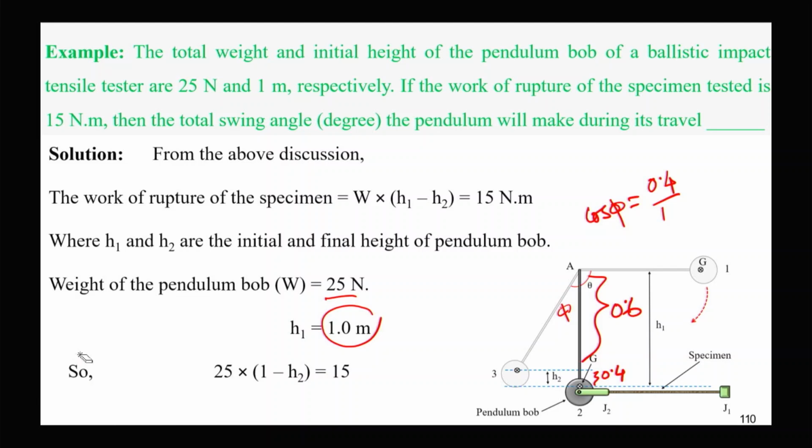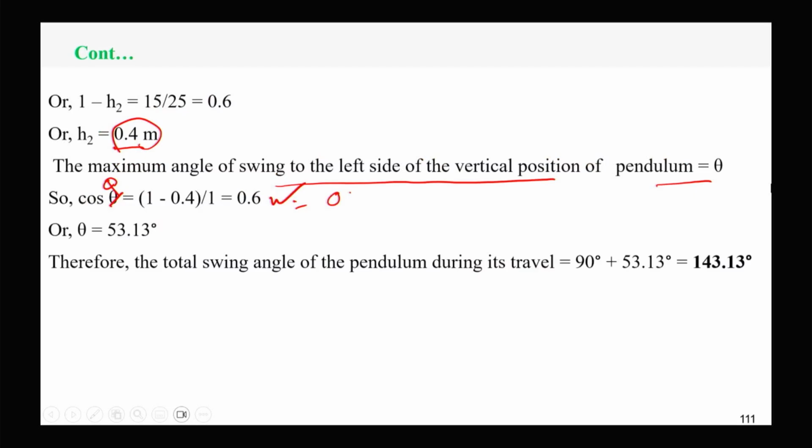So cos phi will be 0.6 by 1. So phi we can calculate here. The phi value will be 53.13 degree. This is not theta, this will be phi, as per the picture.